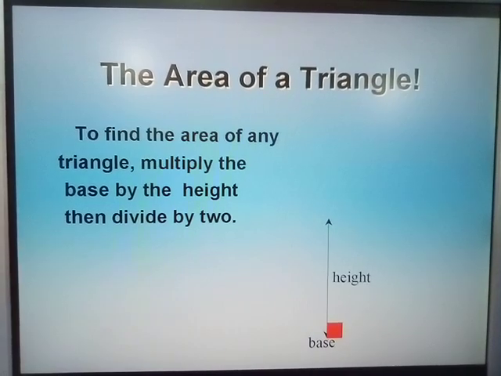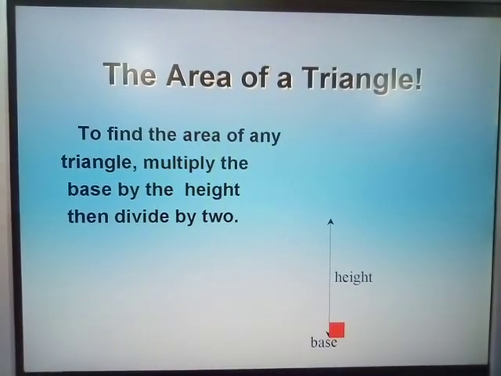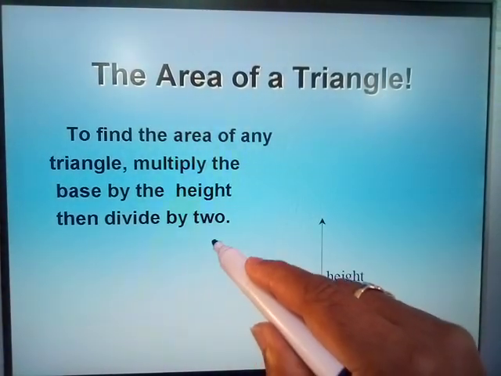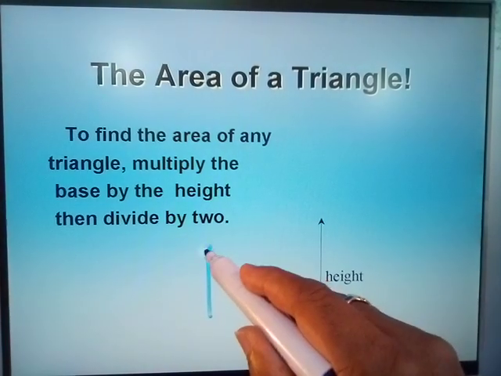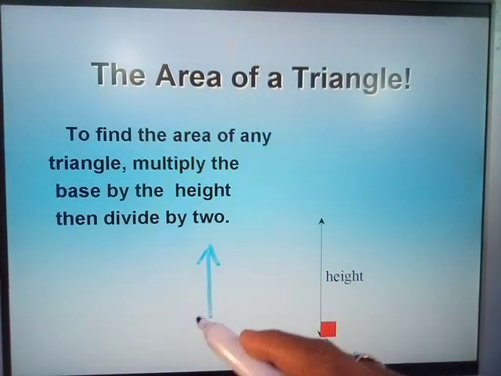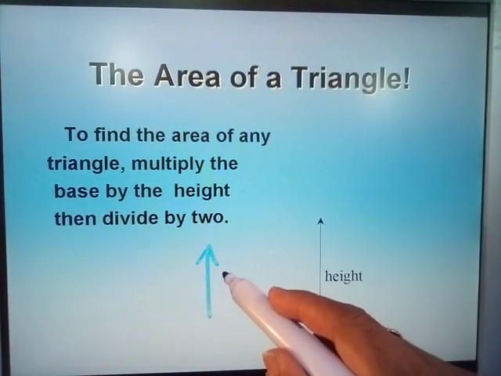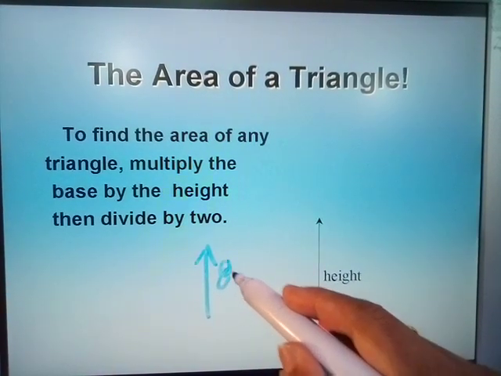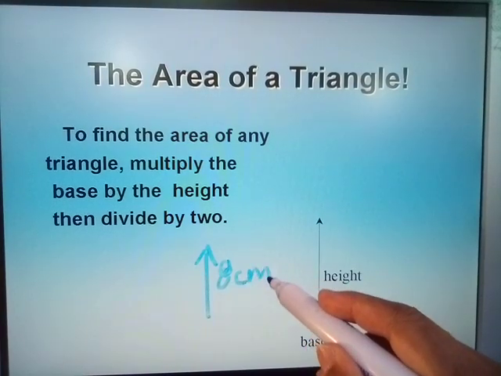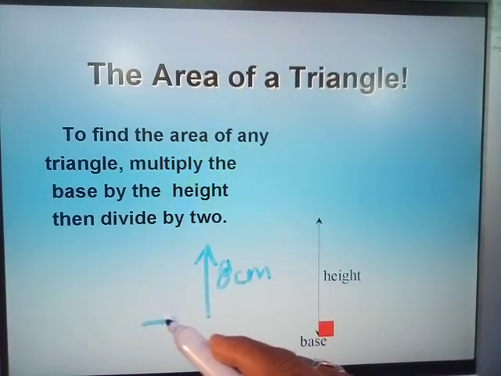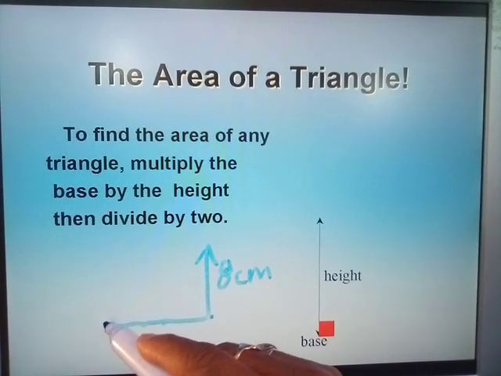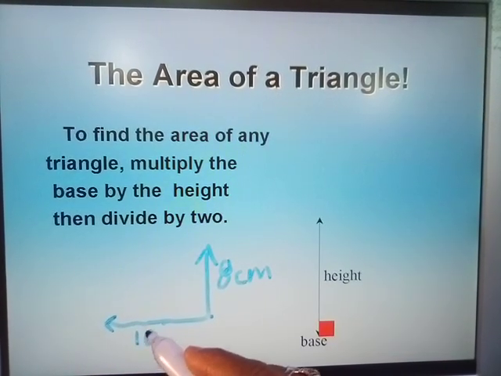Now, for instance here, right, if my height here is that height, and we'll call the height 8 centimeters, and we call the base here 10 centimeters.